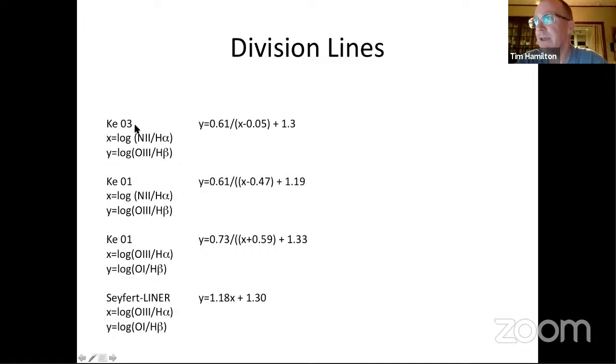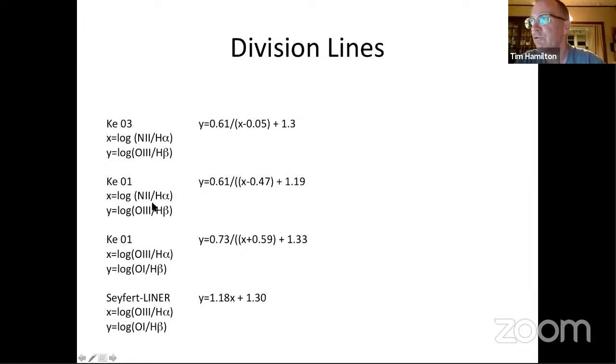So the KE3 line gives us a separation between, hang on here. I have to draw that separately. All right. On the left-hand side below each one of these line labels, I tell you which the X and the Y axes are. And then finally the Seyfert-LINER one here.